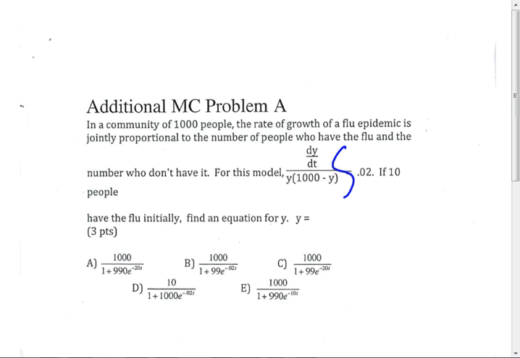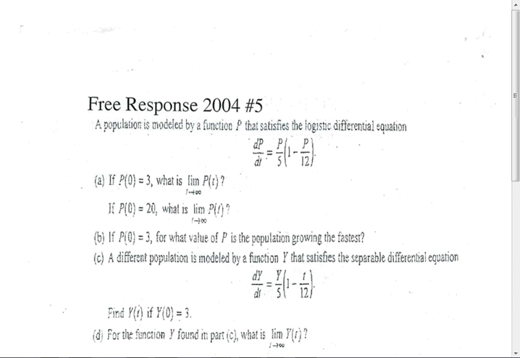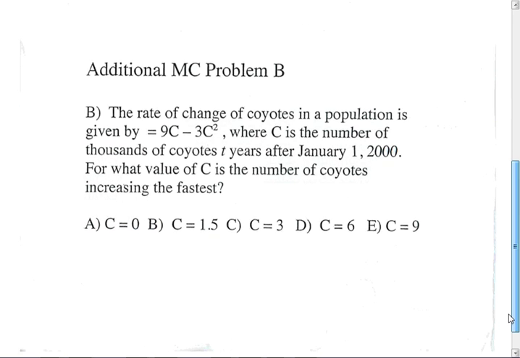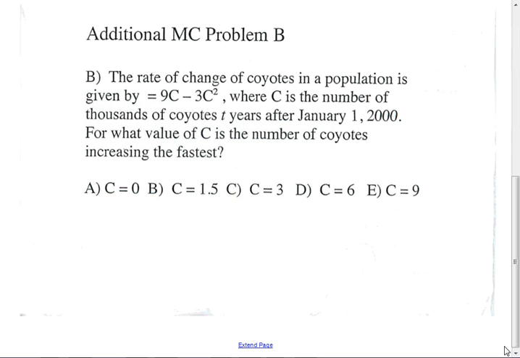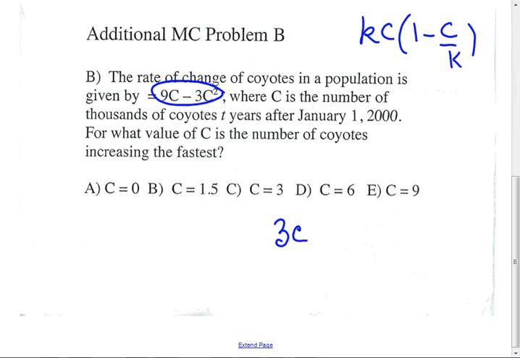This one we will skip. This is an additional problem. Ori and Eric, we're not done? Oopsie. Let's do the coyote problem because that's fast and easy. You've got to have k times C, 1 minus C over capital K. So you have to factor something here. What are you going to factor out? 3C.